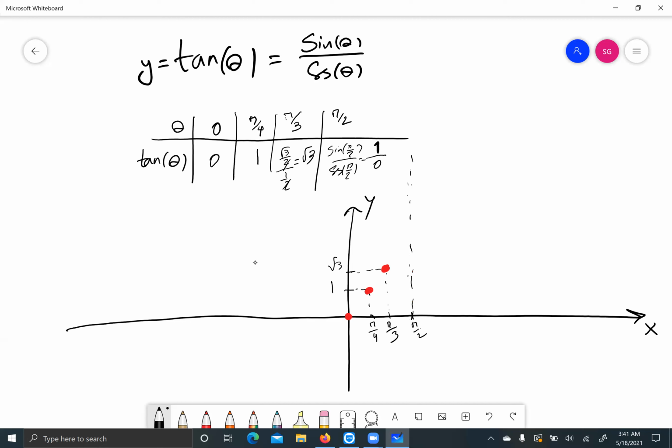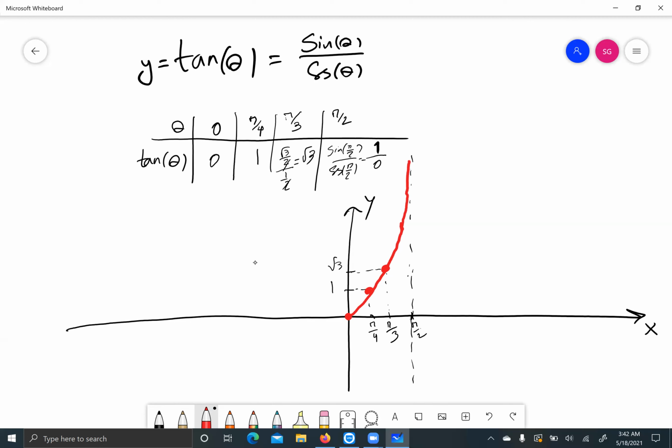You can try more values. Look, it's 0, then it goes to 1, then square root of 3. As you increase the angle, the output value gets larger and larger, and it approaches this vertical asymptote, but it never crosses it.